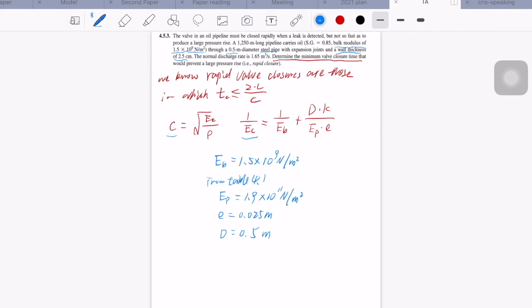And we know the pipe has expansion joints, so we can use this equation: K equals 1 minus 0.5 times epsilon.